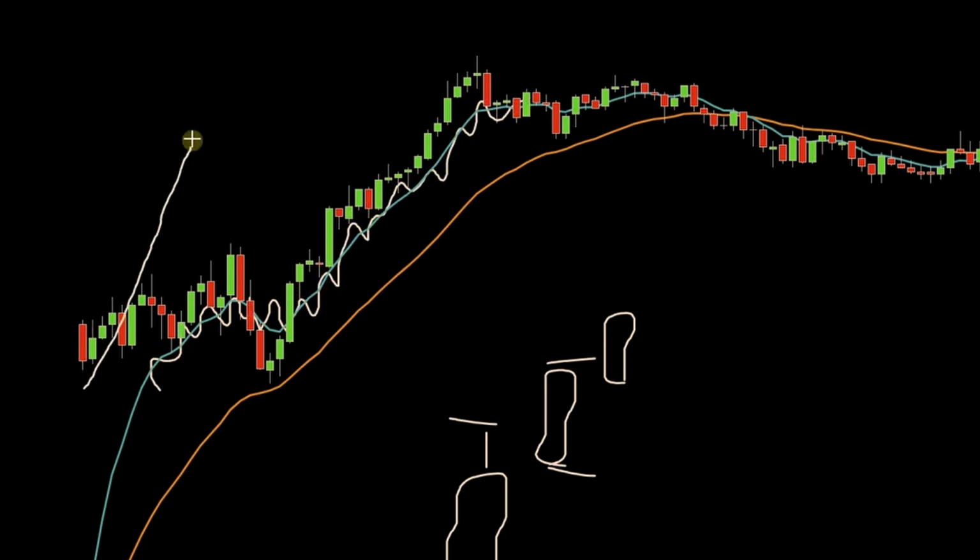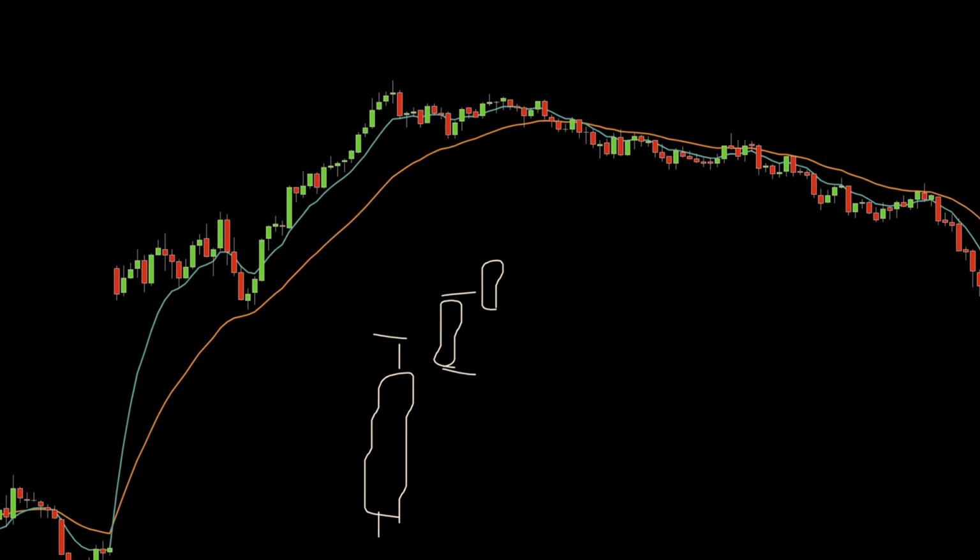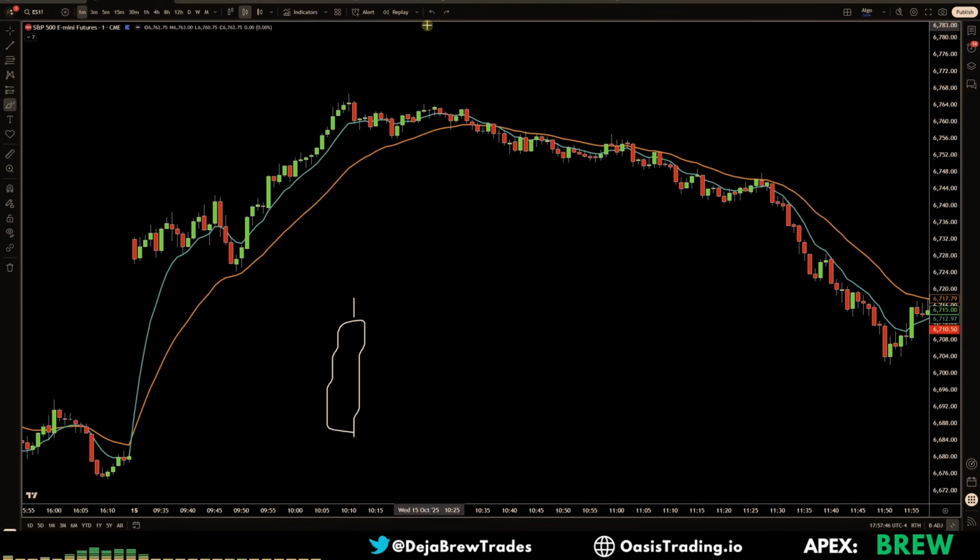So if we're pulling away from that average massively, maybe there's a really big impulsive move pushing us away from that average, I don't want to be a trader 10 points away from that average, because if you just look at this small snapshot of price action that I have on this chart, look at how many times it pulls back to that aggressive average. So the probability of pulling back to that average is extremely high.